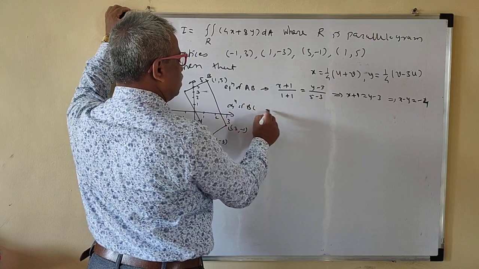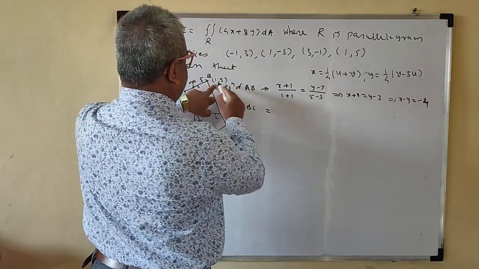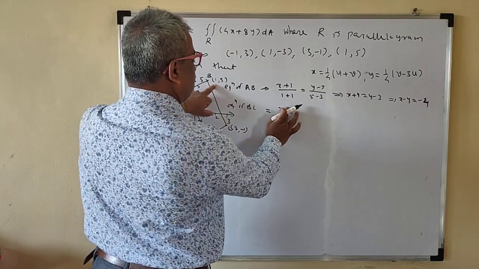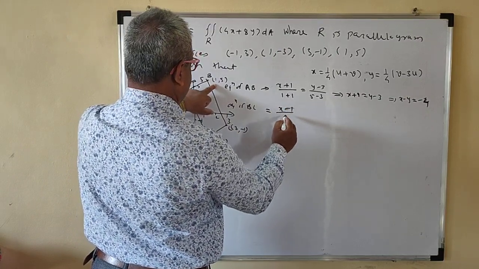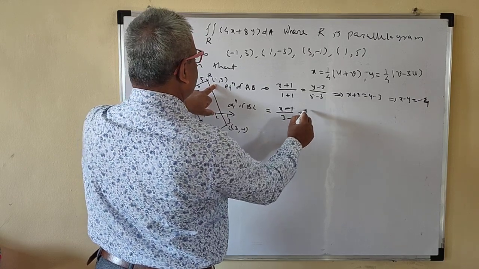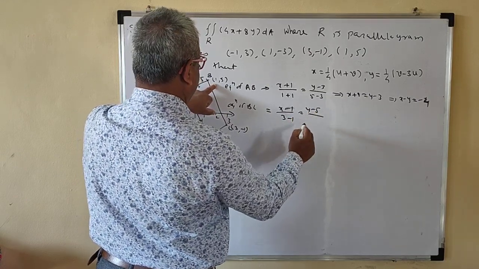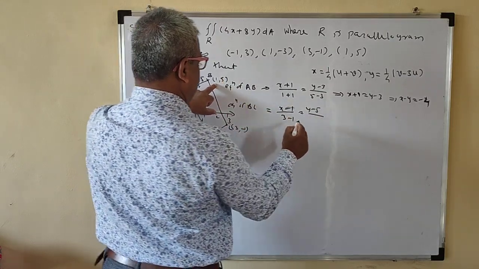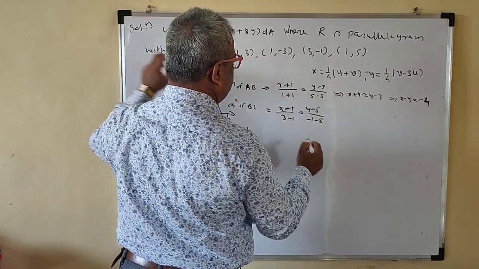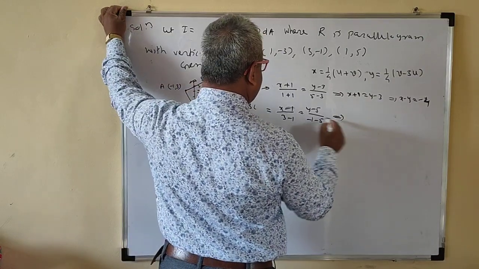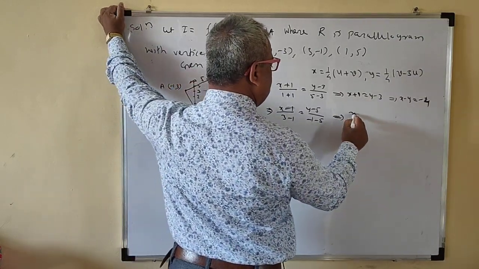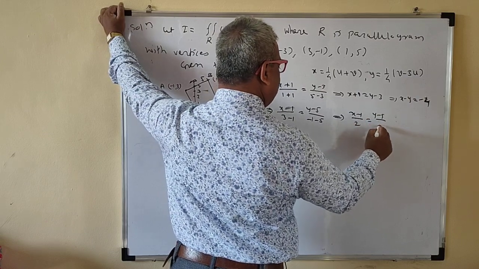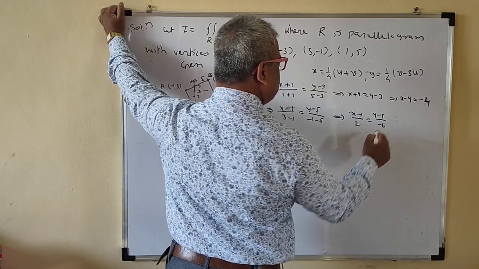Equation of BC. I call this x1, y1 and this x2, y2. So (x minus 1) upon (3 minus 1) is equal to (y minus 5) upon (minus 1 minus 5). This implies (x minus 1) upon 2 equals (y minus 5) upon minus 6.